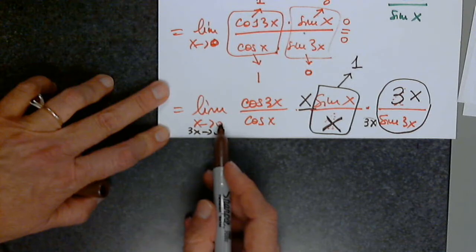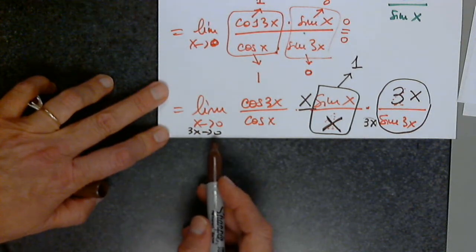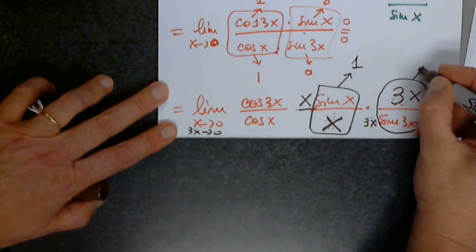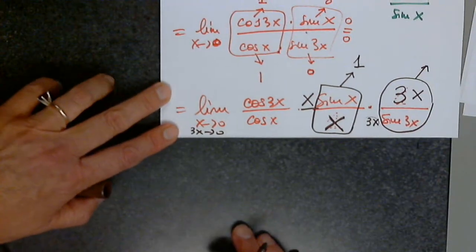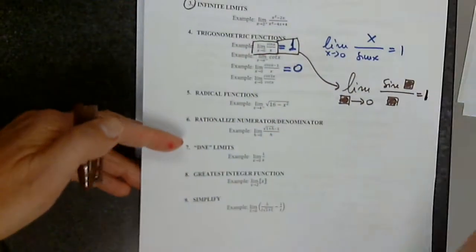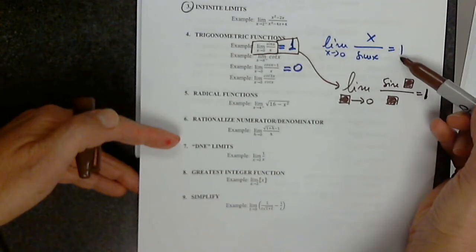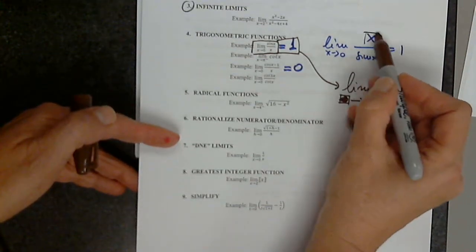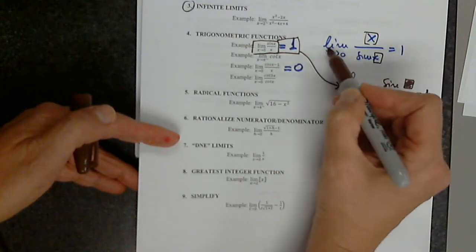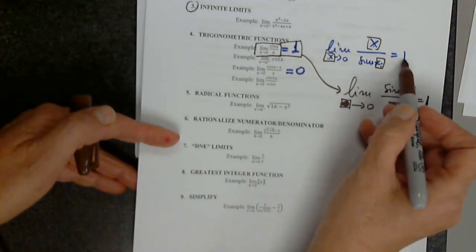So if I tell you x approaches 0, indirectly I'm telling you 3 times x approaches 0 as well. Where does this go? 1. Because remember, even the reversed situation, x over sine x when x approaches 0 is 1. So this piece, and this piece, if they are all the same, 3x, 3x, 3x, the answer will be 1.